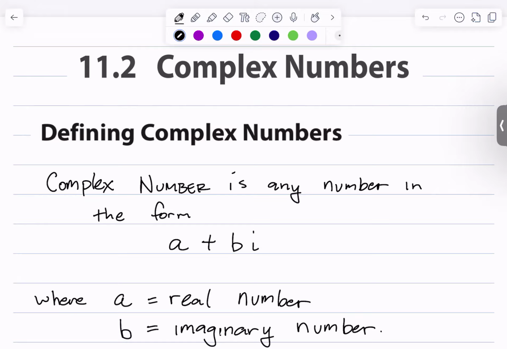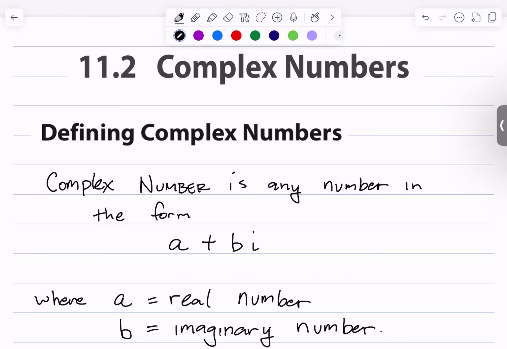Okay? That's all it is. It's just a real number plus or minus an imaginary number. All right? So that's what a complex number is.